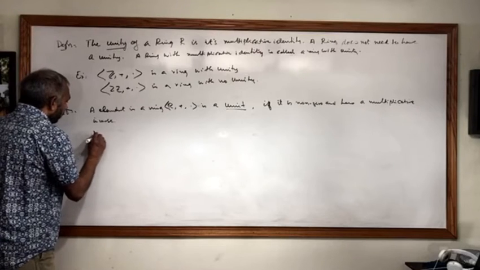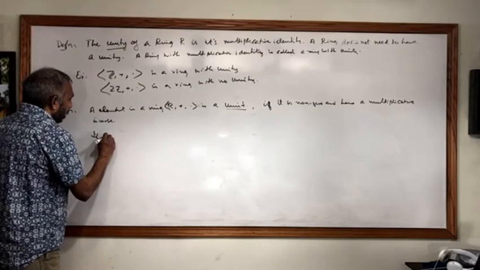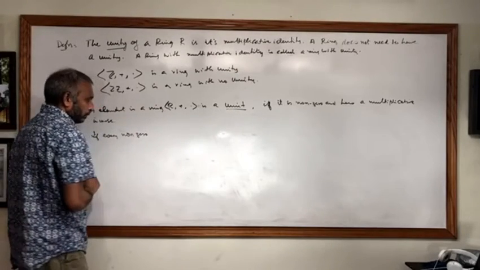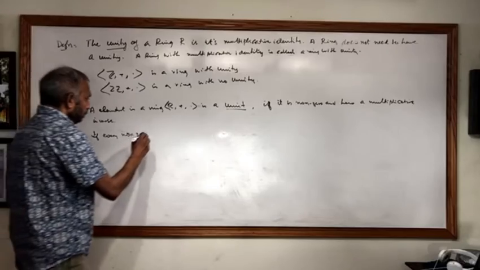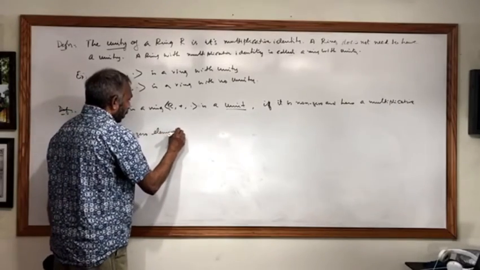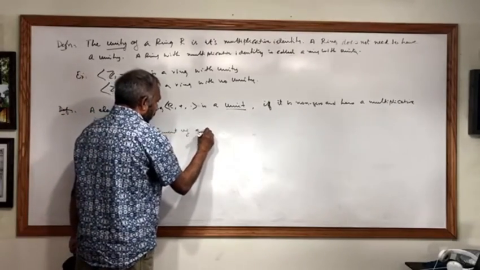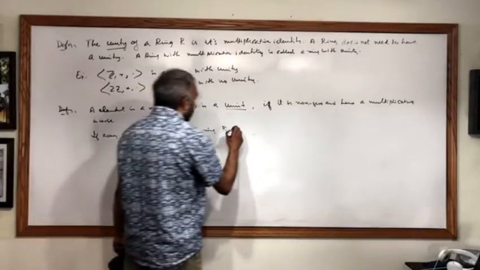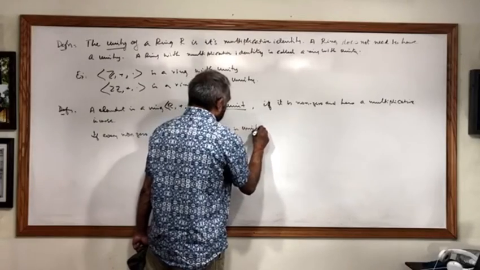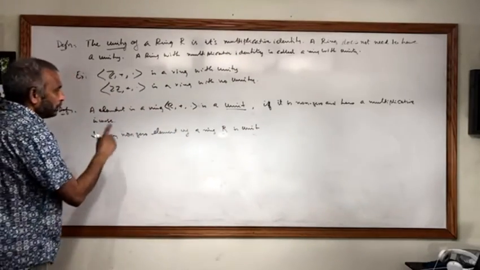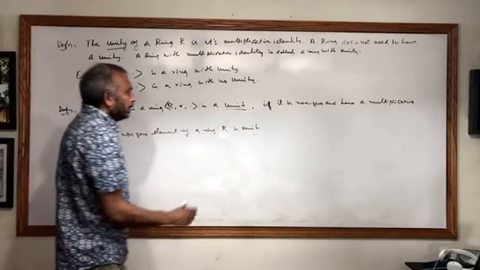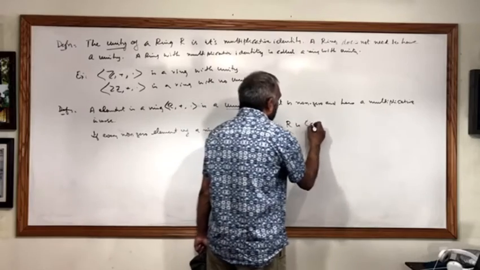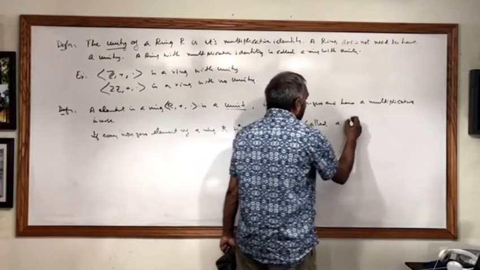Now, if every non-zero element of a ring R is a unit, then R is called a division ring.